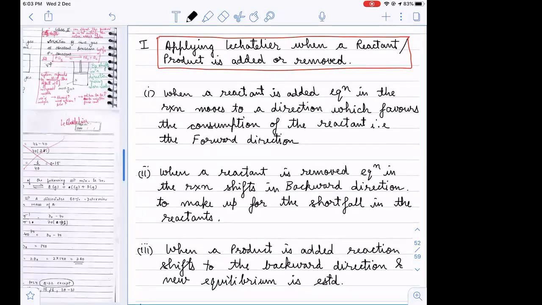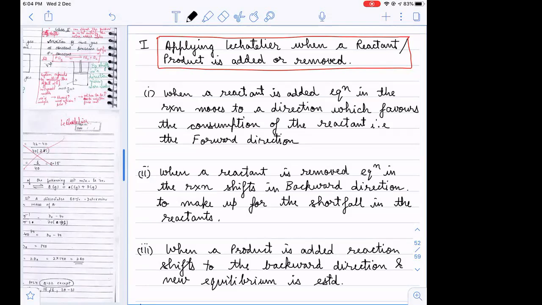Okay, wait. Now, please see, when a reactant is added, that means the reactant has now become an excess. According to Le Chatelier, I will nullify the change in the reaction. What is the change? You have added more reactant and the concentration of the reactant has become more. So in order to nullify it, you have to reduce the concentration of the reactant, isn't it?